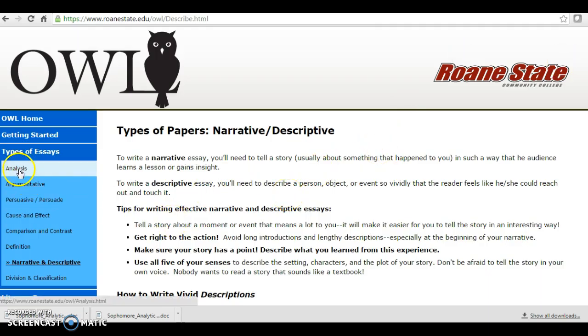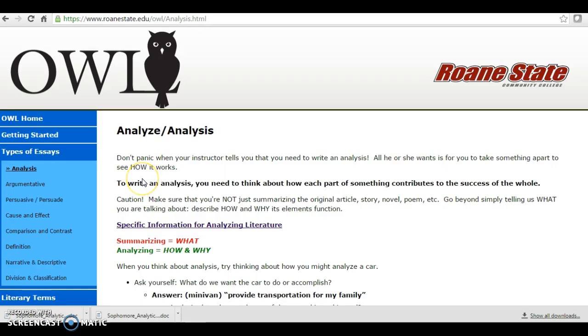You should look at those as a way to distinguish them from the analytic essay, where again you are showing that you not only understand the original article, story, novel, or poem, but how and why the elements of that story, novel, or poem function. So I hope this has been helpful, and good luck in this unit.